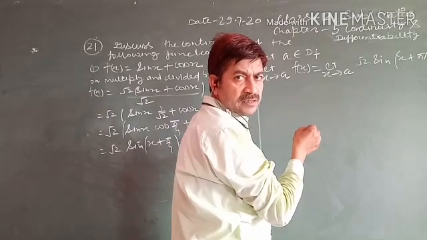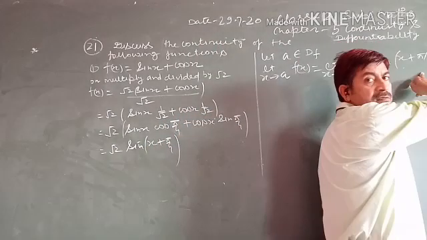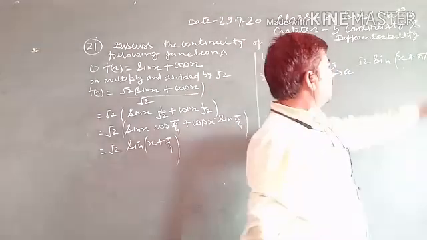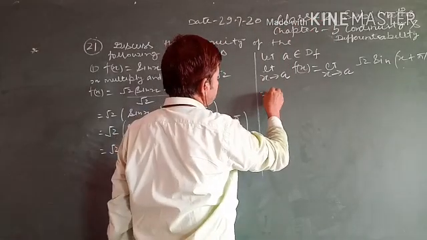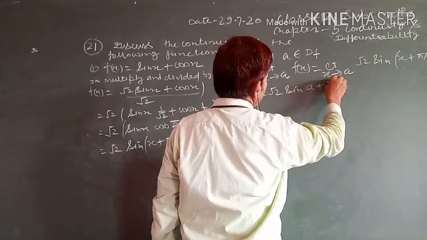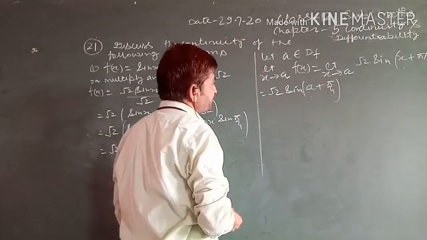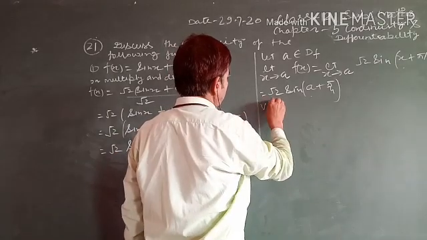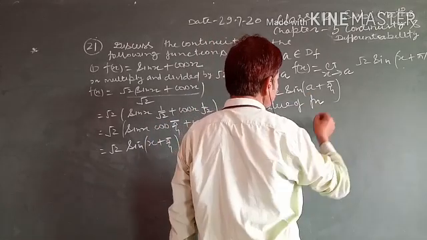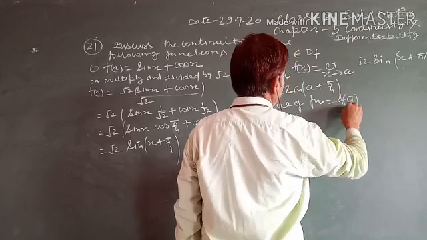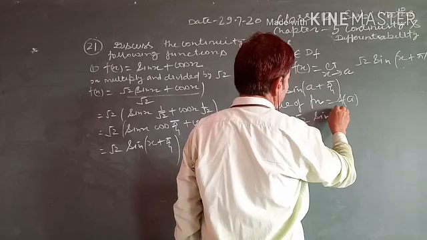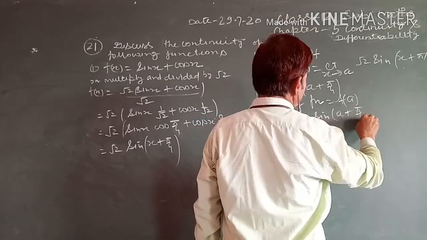It is equal to root 2 sin of a plus pi by 4. Now value of function f(a) is also equal to root 2 sin of a plus pi by 4.